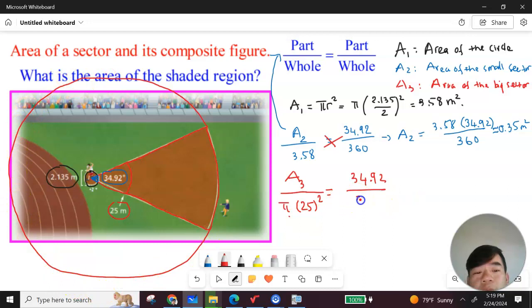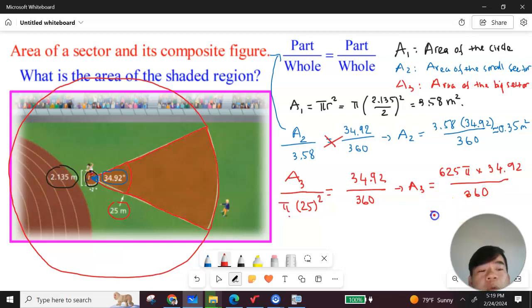So divide by 360, and then you have A3 equals 25 squared, which is 625, times pi, times 34.92 over 360.